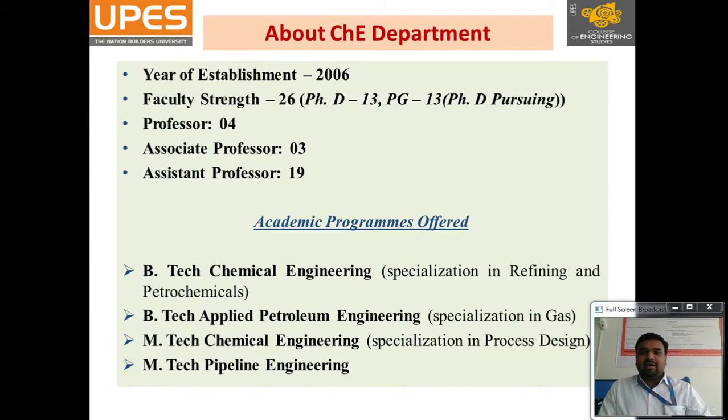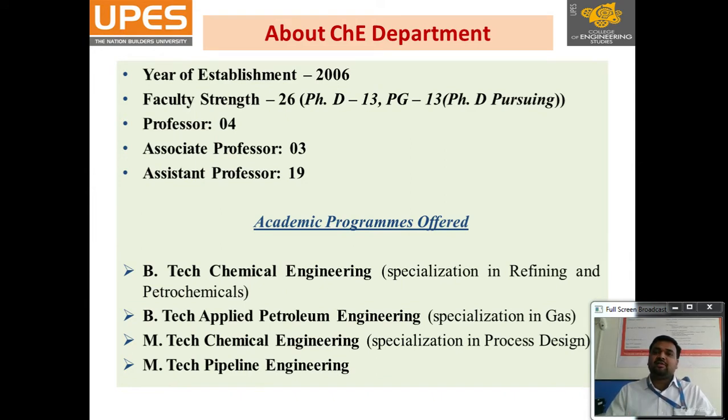The chemical engineering department was formally established in the year 2006. At present, we have 26 faculty, out of which 13 are already PhD holders and 13 are pursuing their PhDs right now. Faculty is the asset of the chemical engineering department.